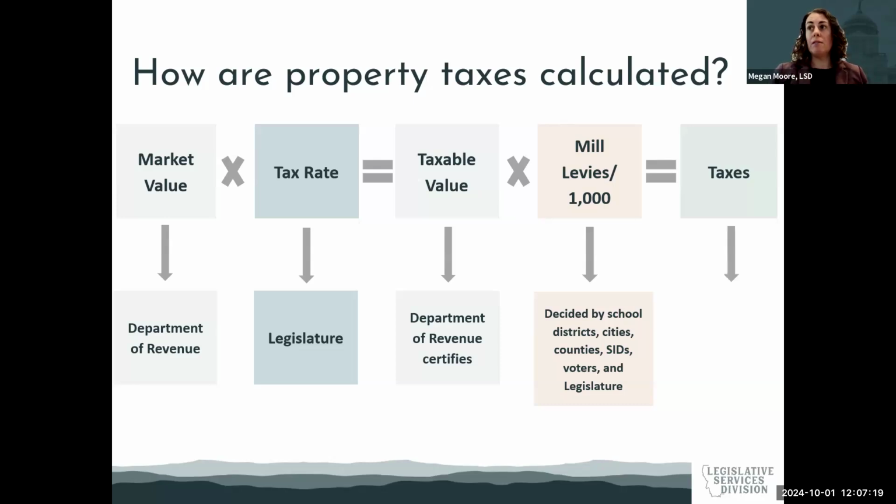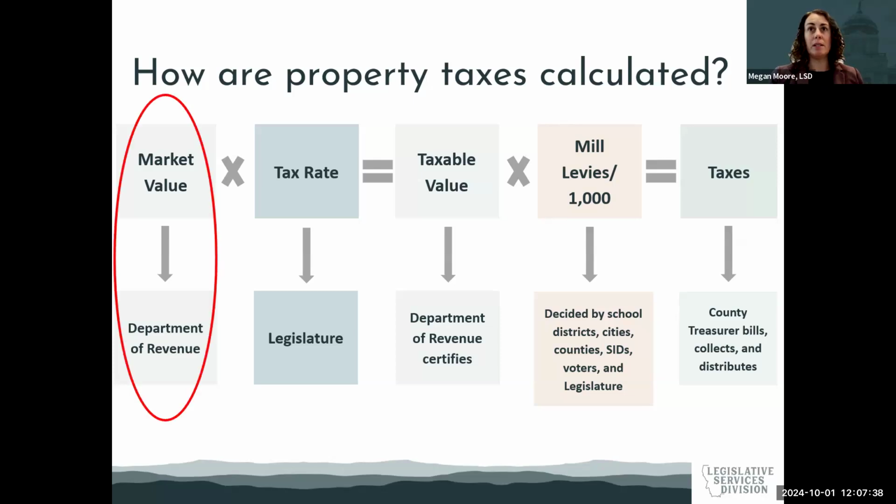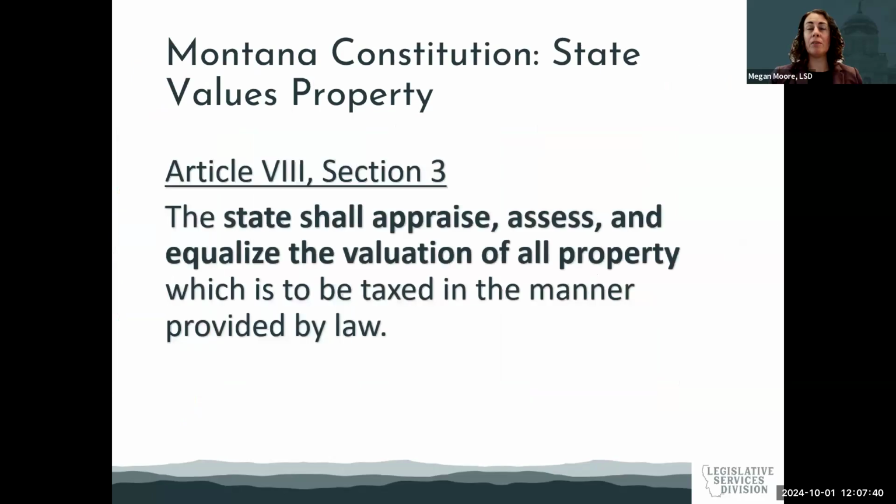And then finally, the county treasurer bills, collects, and distributes the tax dollars to all the entities to which they are due. So we're going to use this structure to talk about the property tax system today by focusing in on each of these different aspects, beginning with market value.